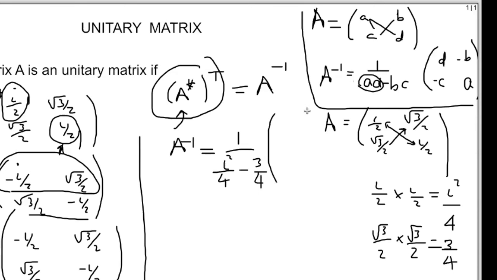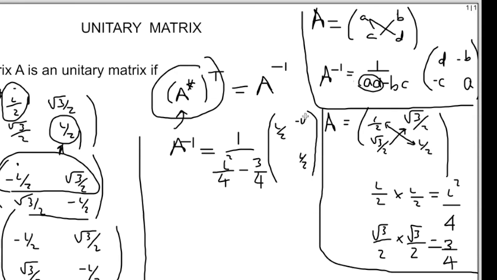Now, having my 2 by 2 matrix, I will now switch these two. As the rule says, you switch these two. So we have i over 2, and this is i over 2. Next, we are going to change the signs of these two. So I have minus root 3 over 2 and minus root 3 over 2.